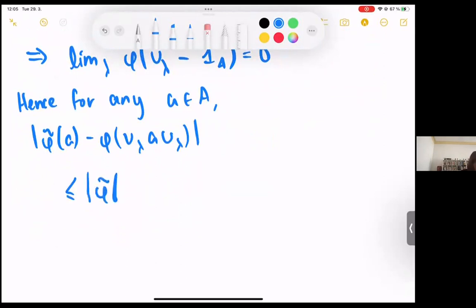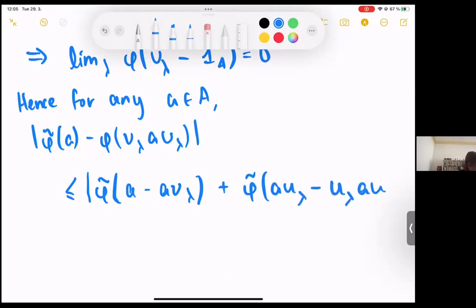so we can break this up. This is going to be A minus A u lambda plus A u lambda, and then we can do the triangle inequality to get this.